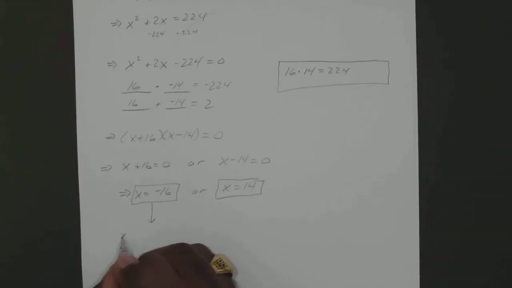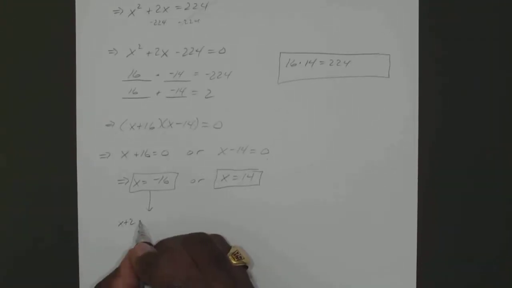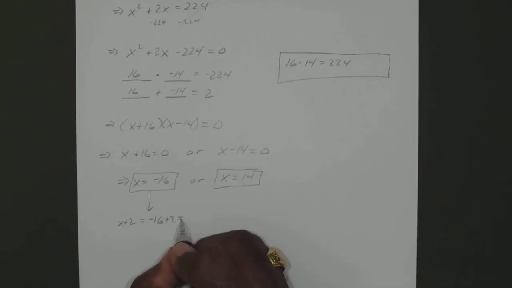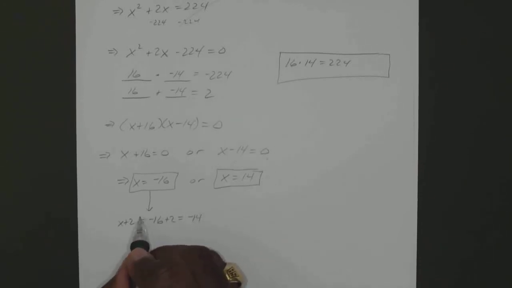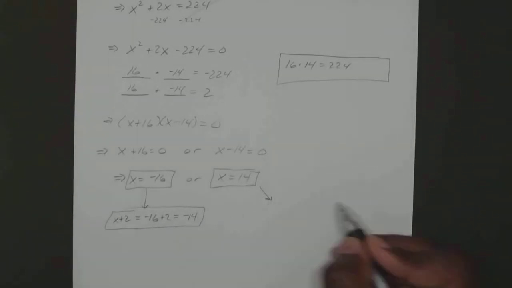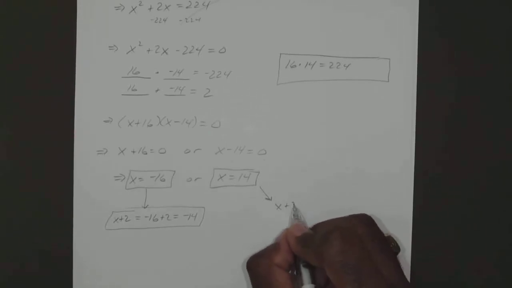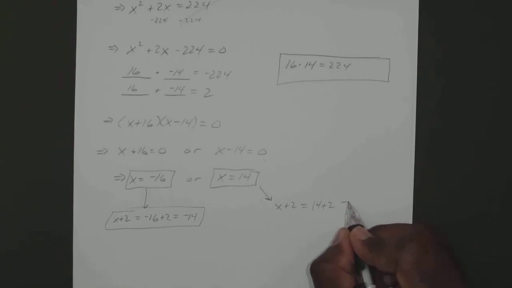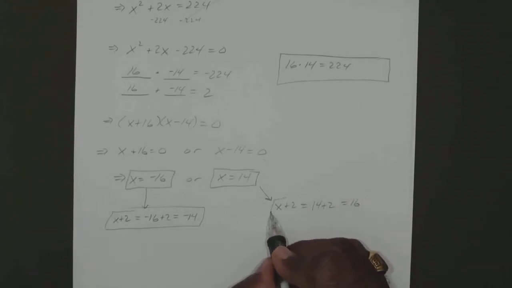Okay. So x plus 2 will equal negative 16 plus 2, which is negative 14. And for this one, x plus 2 would equal 14 plus 2, which is 16.